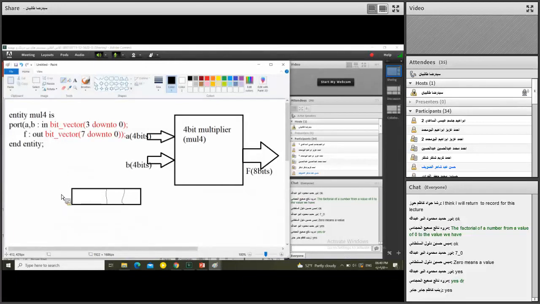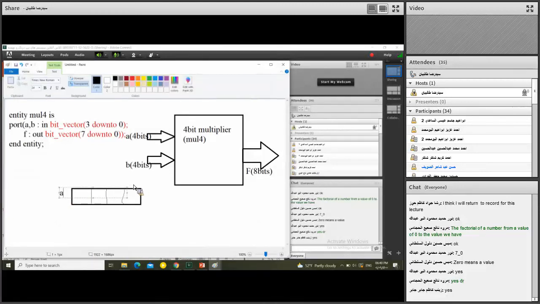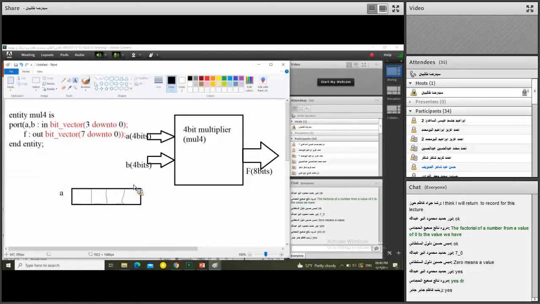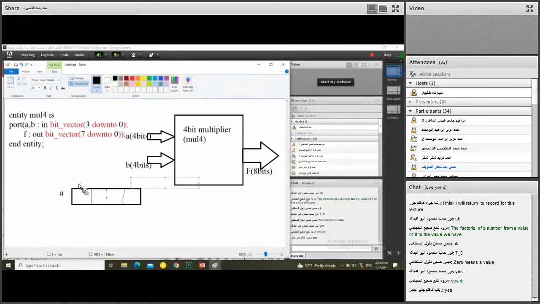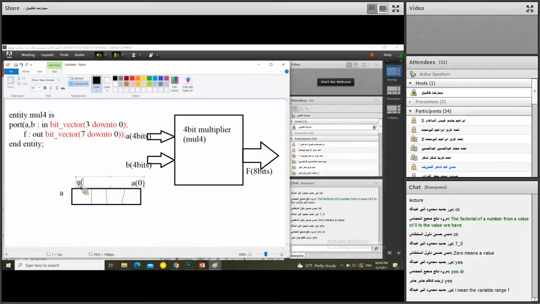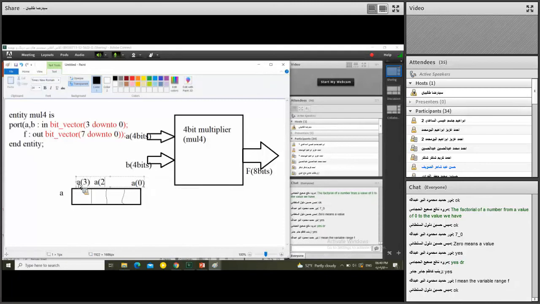Consider this as A. For example, it is A. It is the 0 bit of A, A0. Okay. It is the third bit of A, A3. It is another bit, A2. It is another bit, A1.